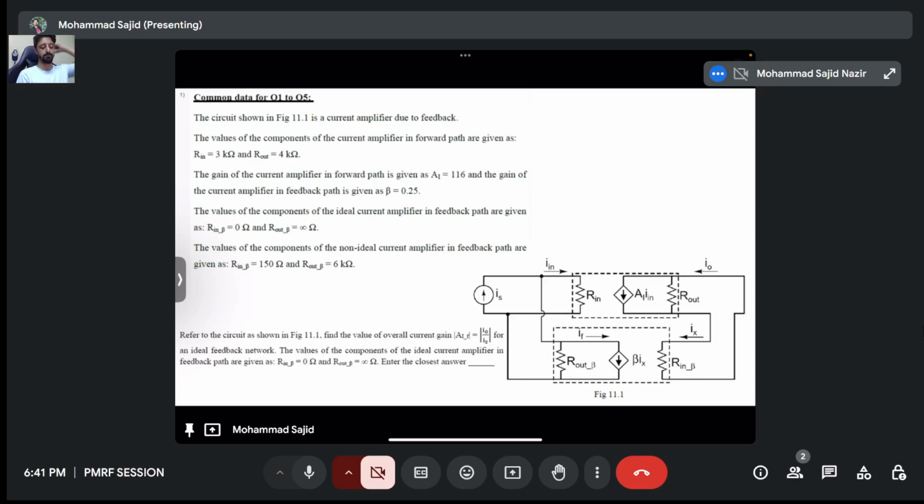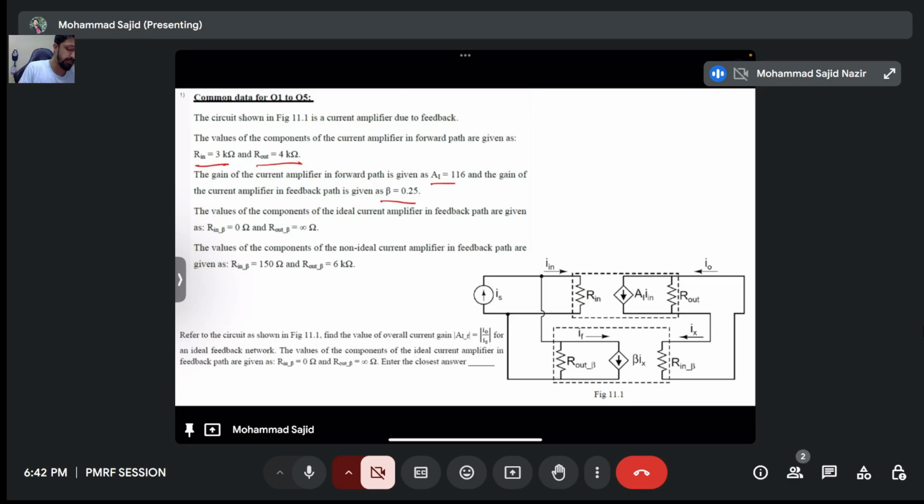So this is a current shunt amplifier, right? The values are given. We have a gain of the amplifier, that is 160, and the gain of the feedback network, beta, is 0.25.